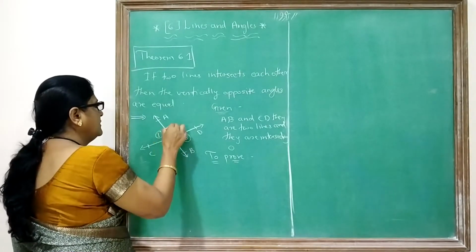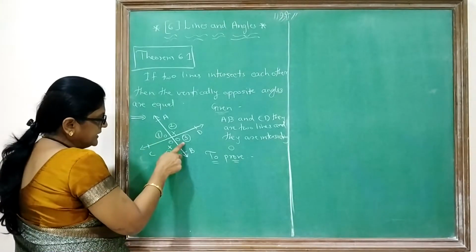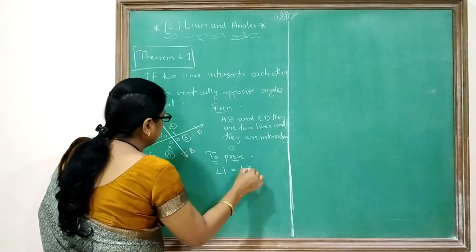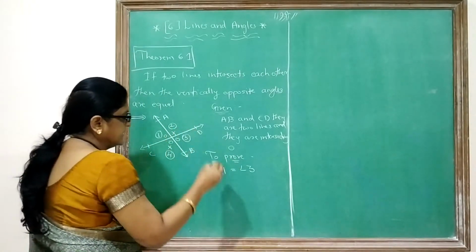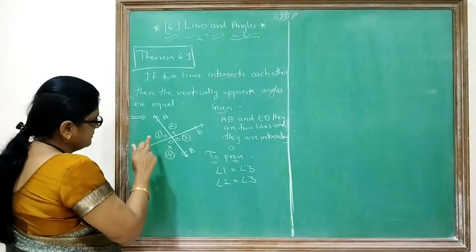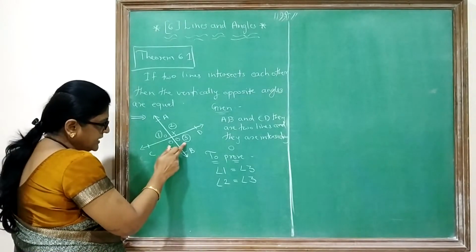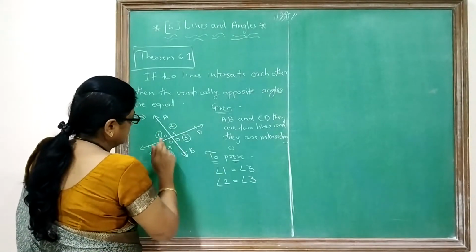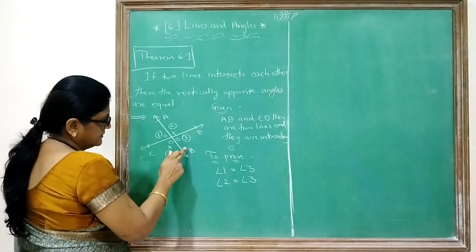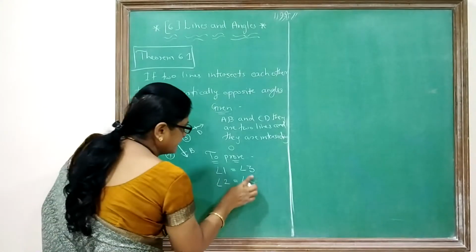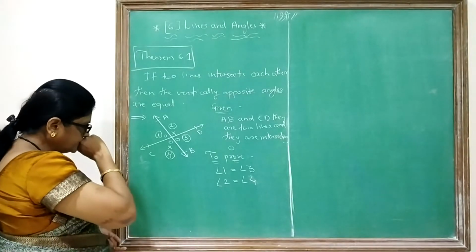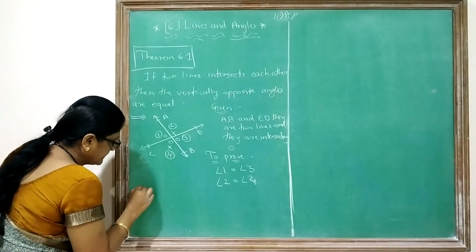This 1 and 3, they are vertically opposite angles, means they are equal, and this 2 and 4, they are also vertically opposite angles, then they are equal. So we prove 1 and 3 and 2 and 4.